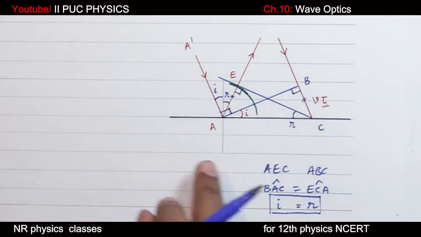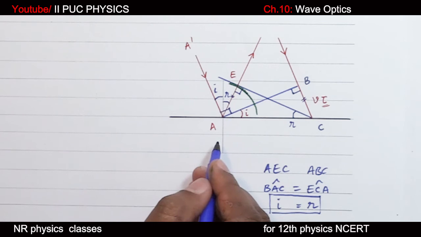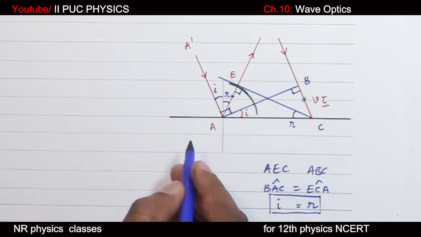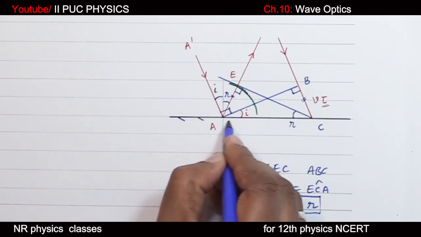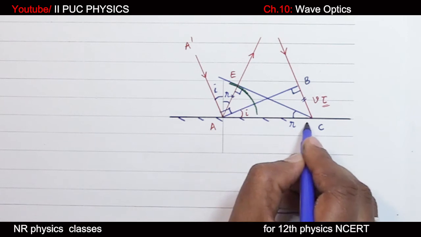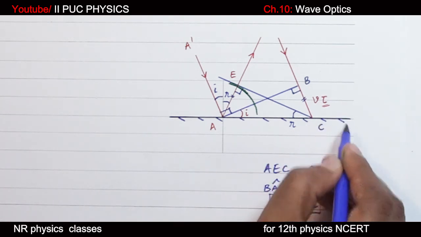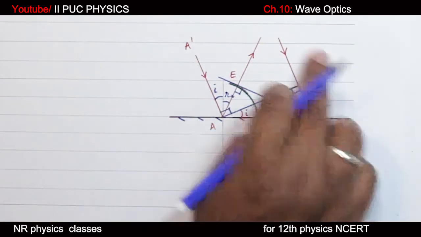Now let me shade the reflecting surface, let me shade the mirror. The upper surface is reflecting, therefore shading should be on the other side. Now let me write the statements.